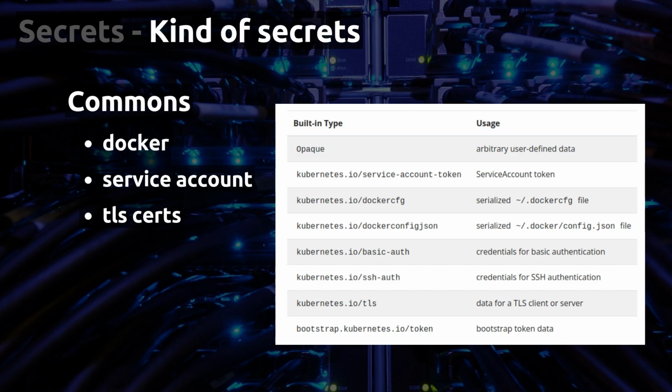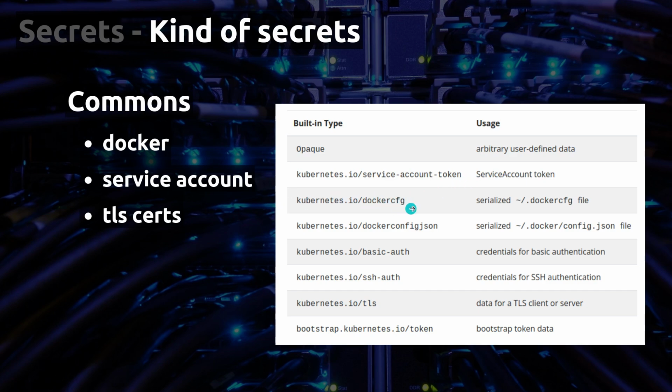But especially for secrets, there is another thing you can set inside your secret: the type. The type can be Opaque, like that. This is just when you have a basic secret. You can set a service account token, which we will see later with RBAC and stuff like that.